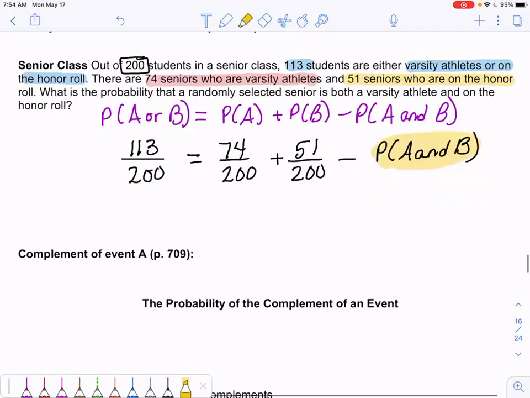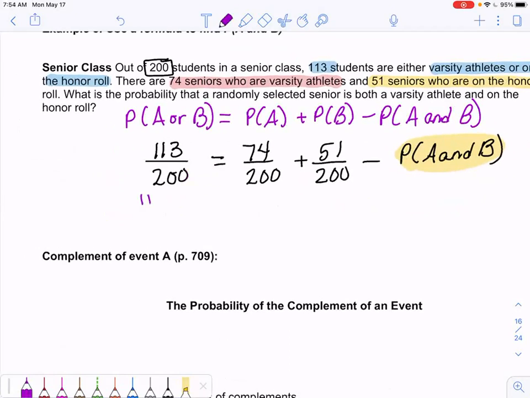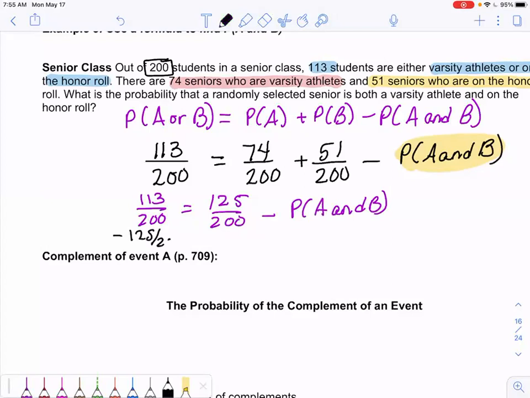So Jaden, if we add 74 and 51 together, what do we get there? 125. So we have 113, 125, and then Jaden, how would you solve for both? Yeah.